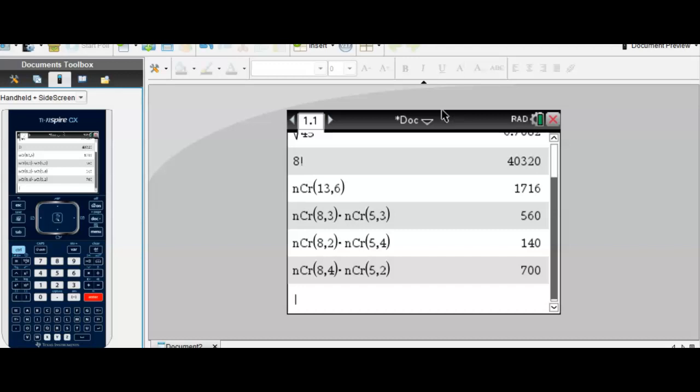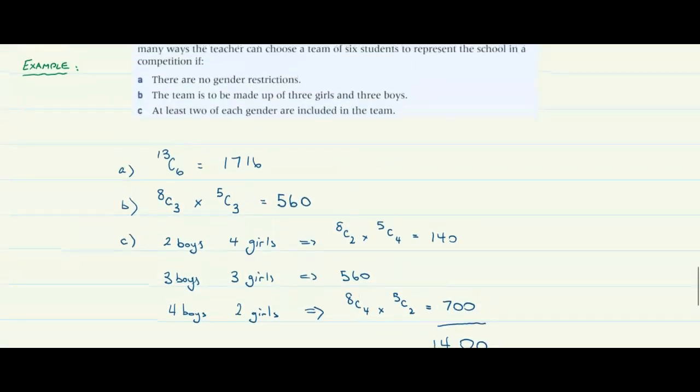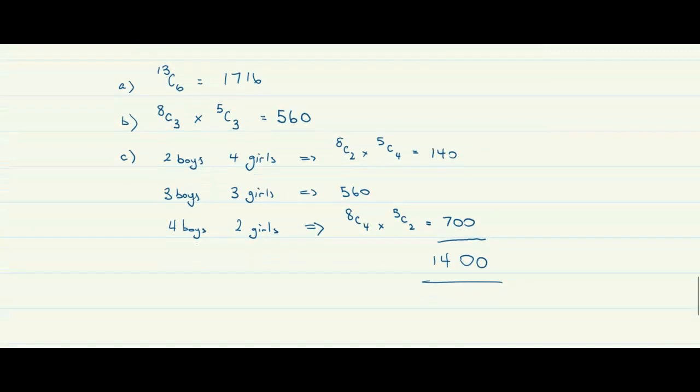So 140 and 700 make up those numbers. 140 here, 700 here. And so if we add those 3 together, we get 1,400 combinations of teams, 1,400 teams, such that we've got at least 2 of each gender in that team.